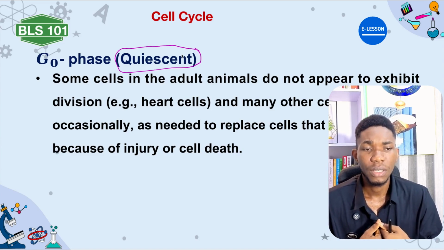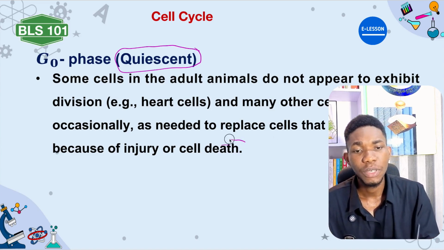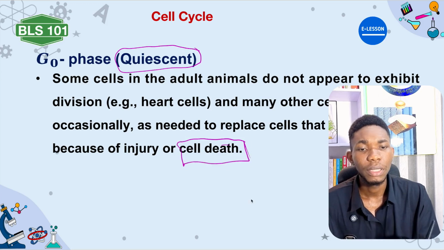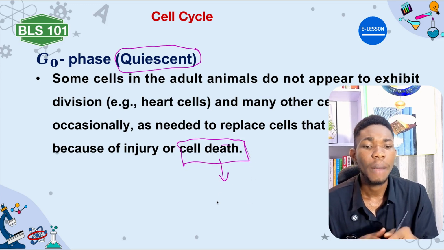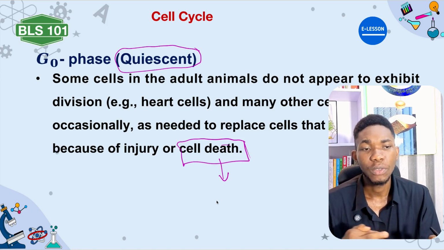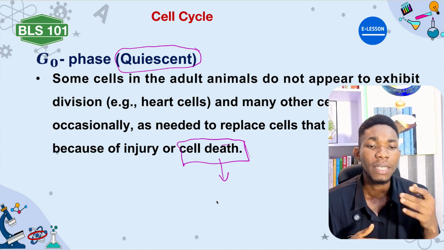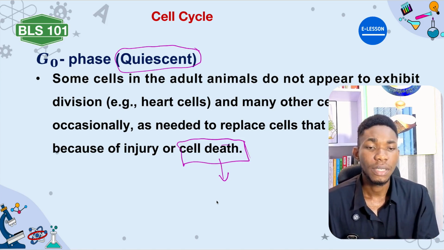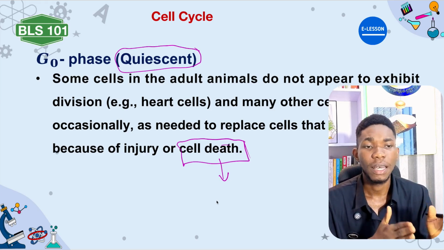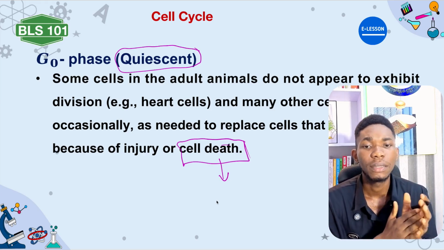I also taught you in that class that there are two types of cell death that we can experience in the human body: apoptosis and necrosis. I told you that apoptosis is called the programmed cell death, and necrosis is a different one entirely, the non-programmed cell death.